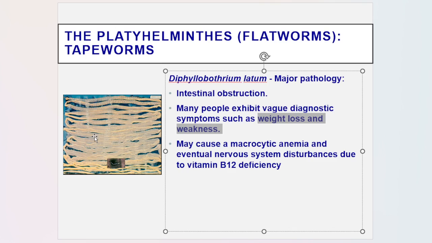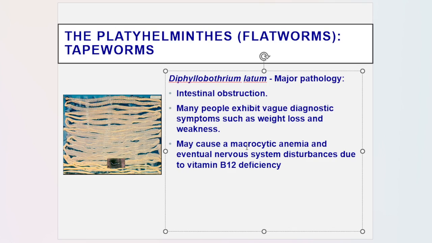Instead of your small intestine absorbing the nutrients, the Diphyllobothrium or other cestodes will absorb them. Since wala silang digestive system, hindi naman nila kinakain yung nutrients mo; instead, yung mga proglottids na to, ina-absorb nila yung nutrients sa ating small intestine. That's why that can lead to weight loss and, of course, weakness.